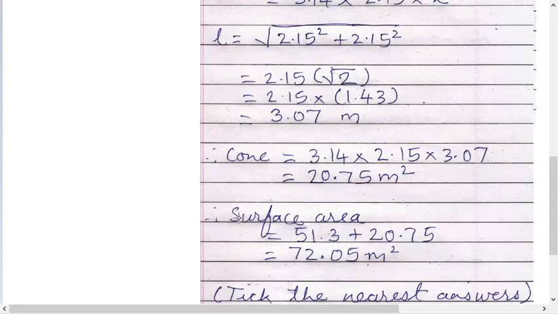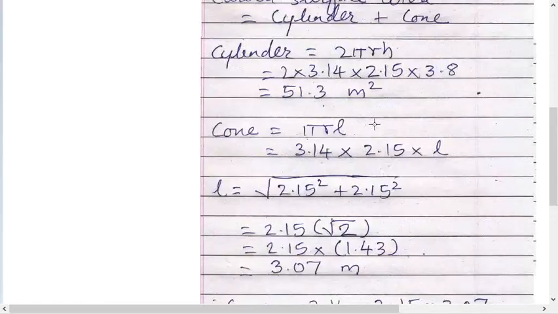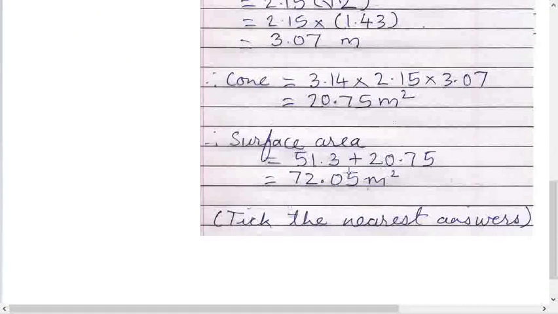Okay. So surface area of total building is 51.3 plus 20.75. 51.3 is cylinder. Okay. So 72.05 square meters. See here, calculations you have to do yourself, you have to practice it because there is no other option. And for that I always suggest follow Vedic maths videos.